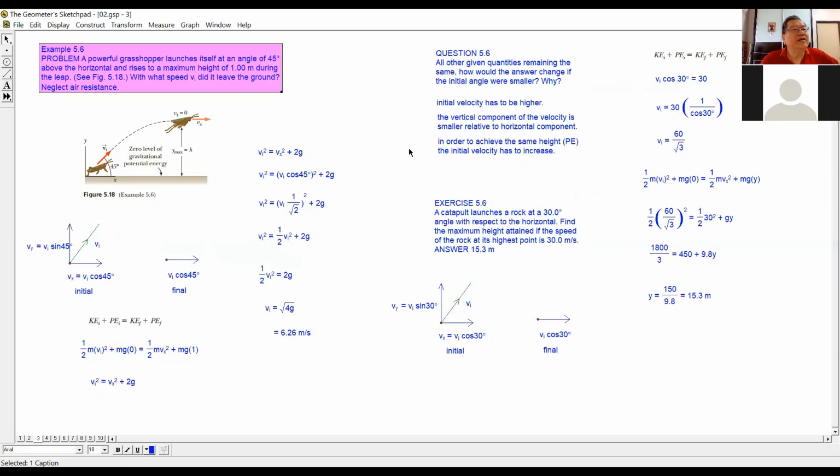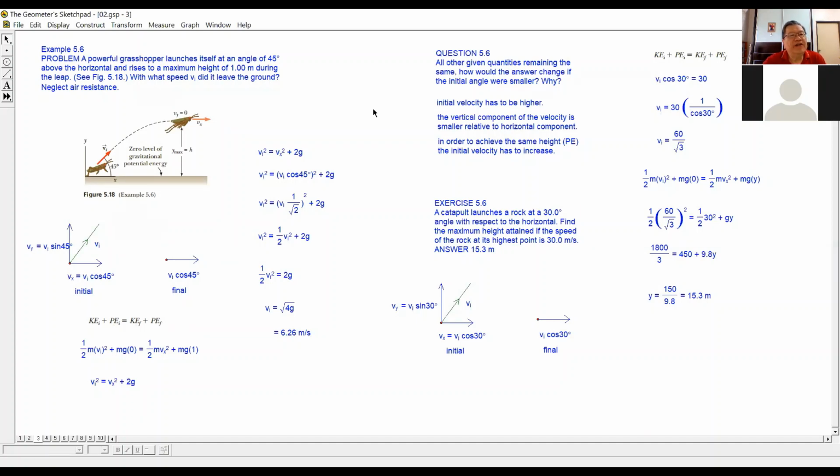Okay, can you read this example 5.6? A powerful grasshopper launches itself at an angle of 45 degrees above the horizontal and rises to a maximum height of 1 meter during the leap. With what speed vi does it leave the ground? Neglect air resistance.